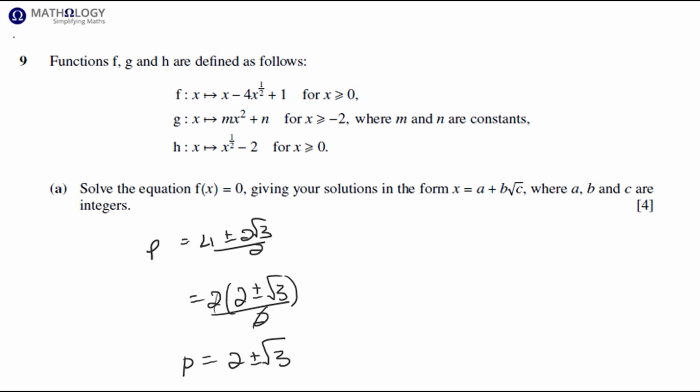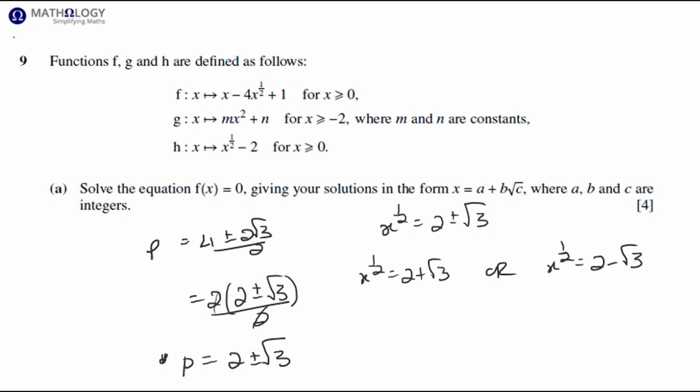Now we can't leave the solution here because this is a solution in terms of p, and we used a substitution. So we called p x to the half. So x to the half equals 2 plus or minus root 3. So x to the half equals 2 plus root 3, or x to the half equals 2 minus root 3. Then we're going to square both sides.